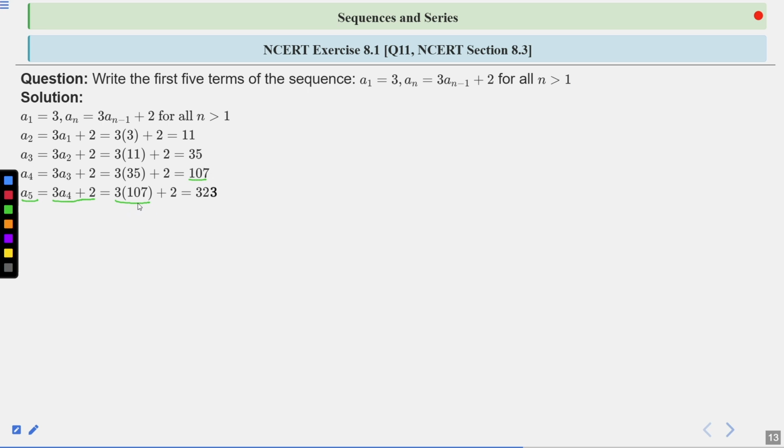So you will get 323 as the fifth term. So the first 5 terms of your given sequence are simply 3, 11, 35, 107, 323.